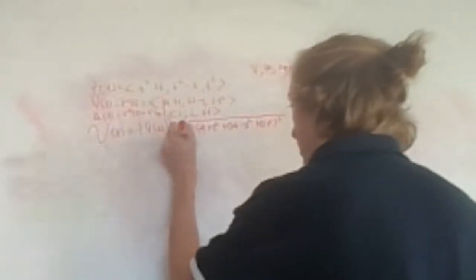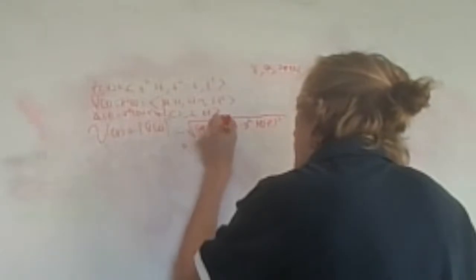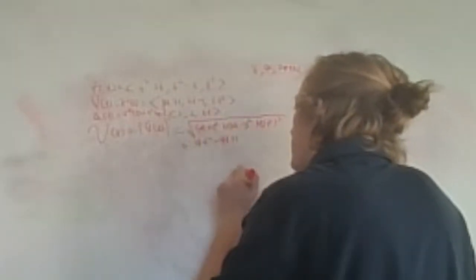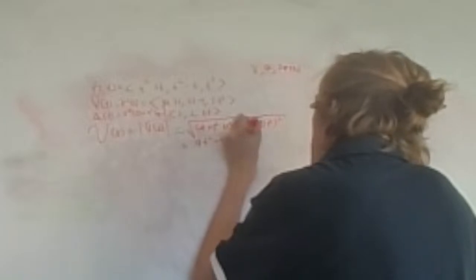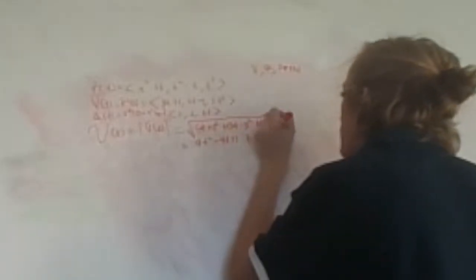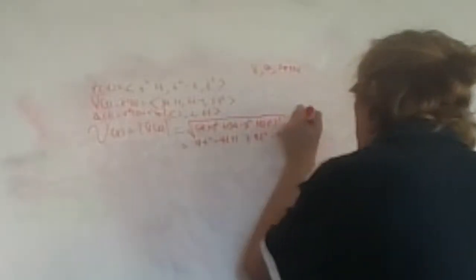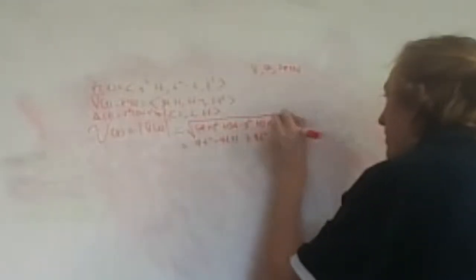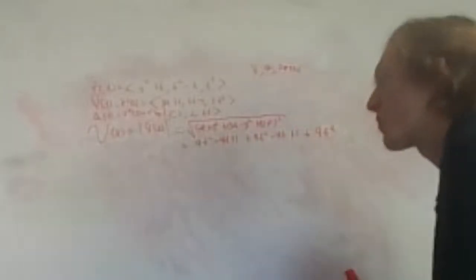So this is going to end up being 4t squared minus 4t plus 1 plus 4t squared minus 4t plus 1 plus 9t to the fourth, because 2 times 2 is 4.